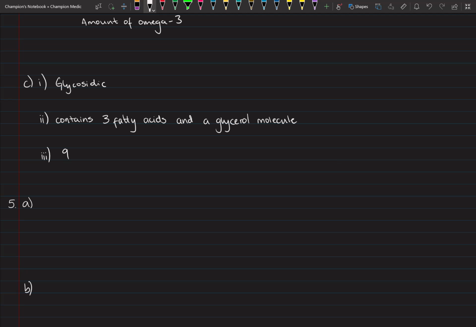And if you look at it, you can see that there's 8 R groups. What these R groups are, it tells you in the extract, in the sentence above: the letter R shows where a fatty acid molecule is present.